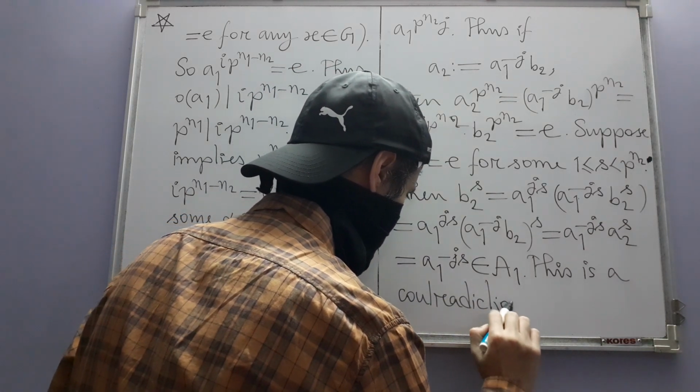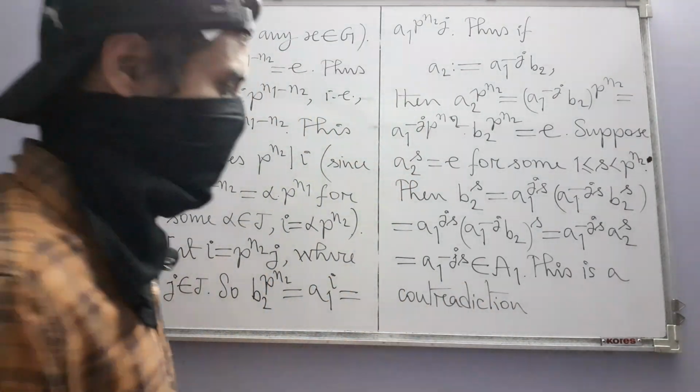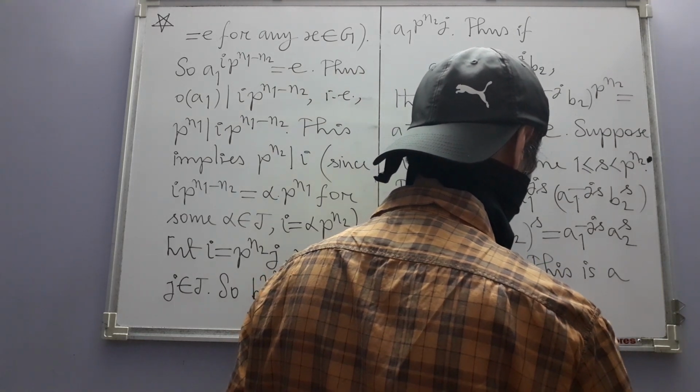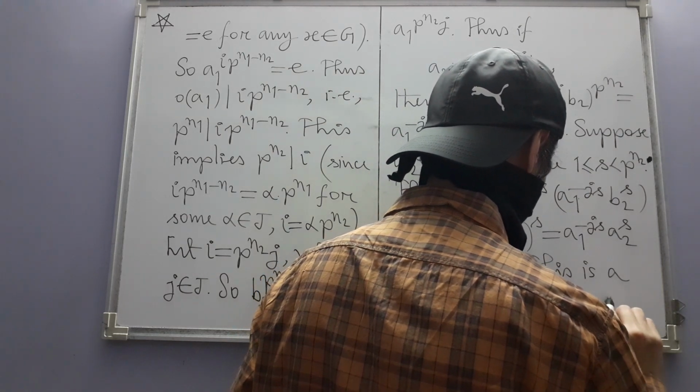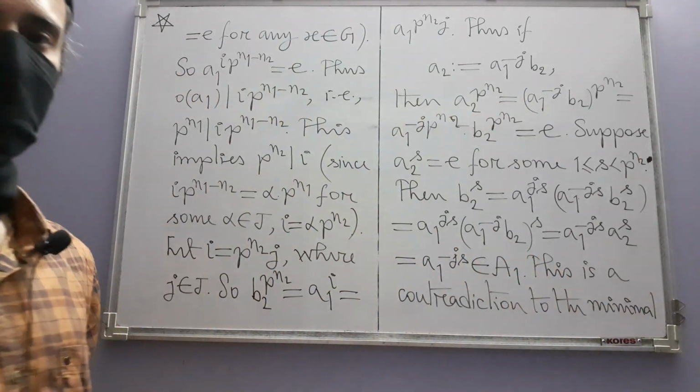Or if this seems too little of an explanation, you can write this is a contradiction to the minimal nature of p to the power n2.